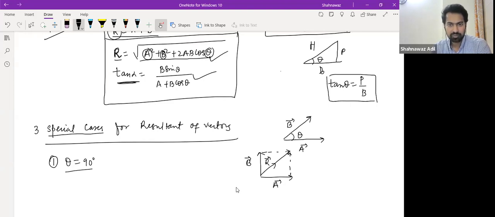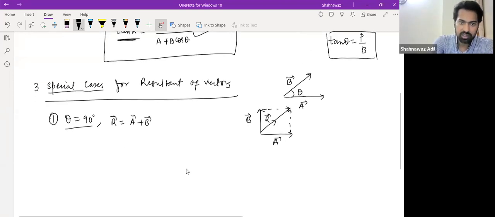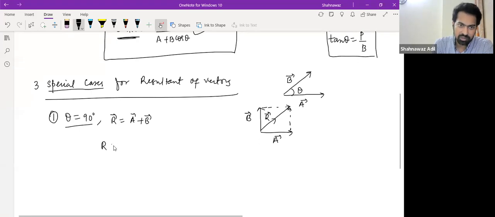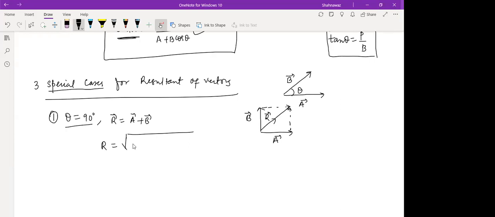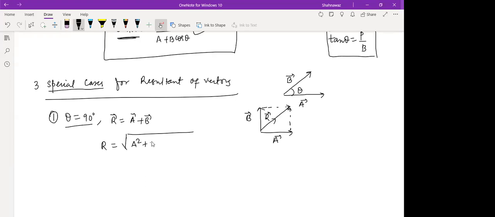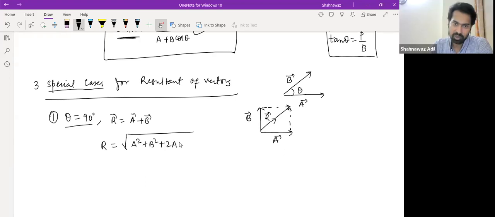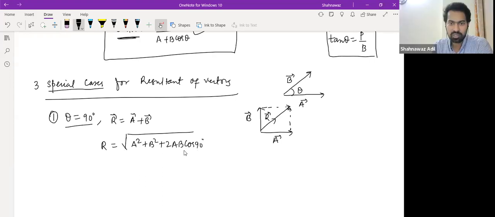R would be A plus B, and what would the magnitude of R be? Rishita, what is the magnitude? It is the root of a square plus b square plus 2ab cos theta, and here theta is 90. So how much is cos 90?